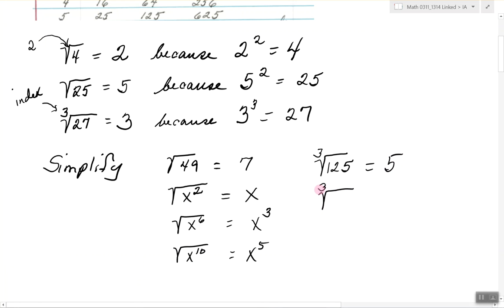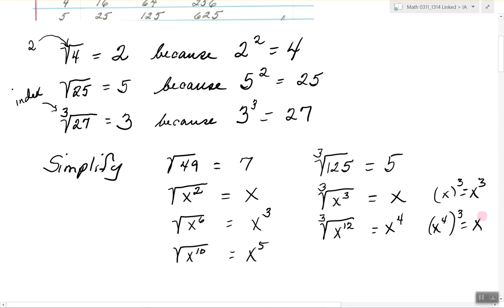If I ask you to take the cube root of x to the 3rd, you would get x, because x raised to the 3rd power is x to the 3rd. That seems a little silly. If I said what's the cube root of x to the 12th, it would be x to the 4th, because x to the 4th raised to the 3rd power, power rule, is x to the 12th.